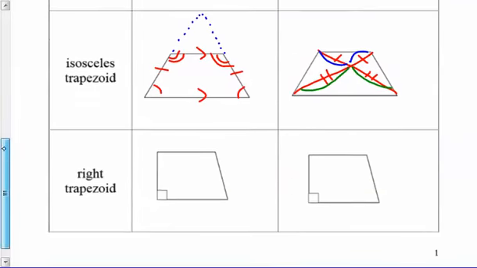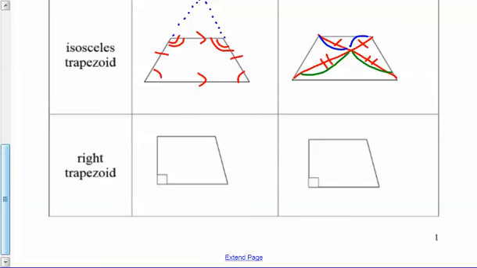So let's look at one more type of trapezoid, which is called the right trapezoid. The right trapezoid has a 90-degree angle, which means this is also a 90-degree angle. And what happens with the right trapezoid is that the diagonals create right triangles.